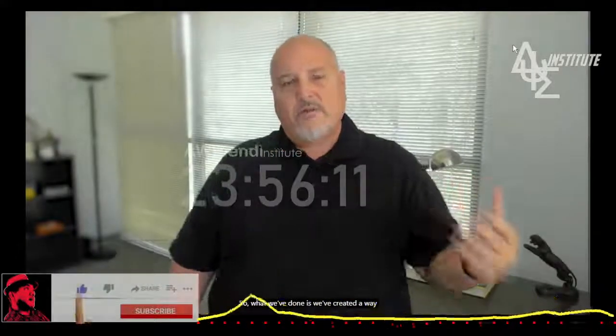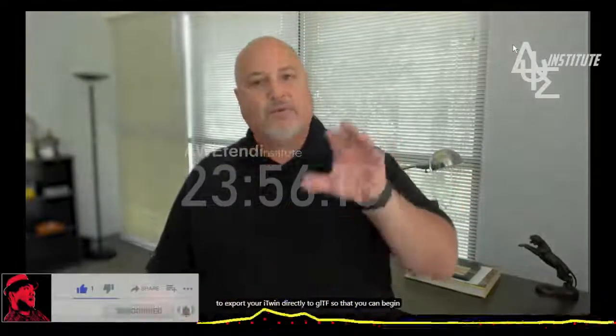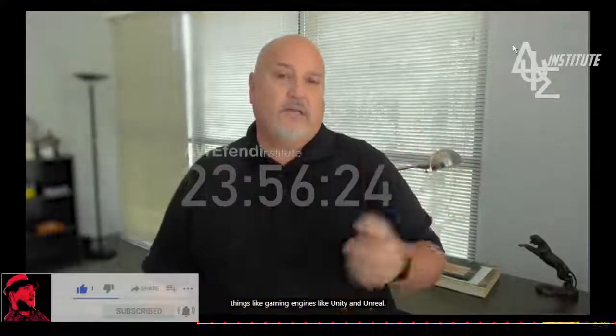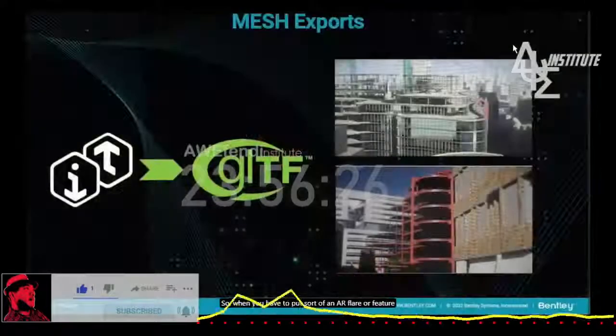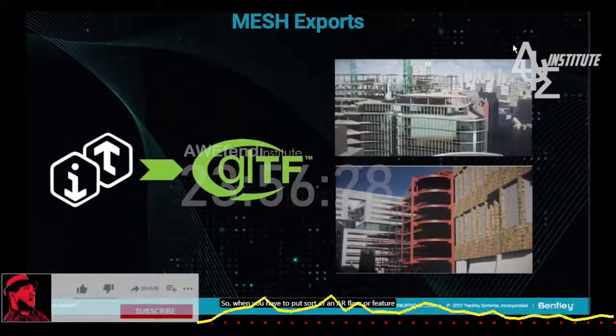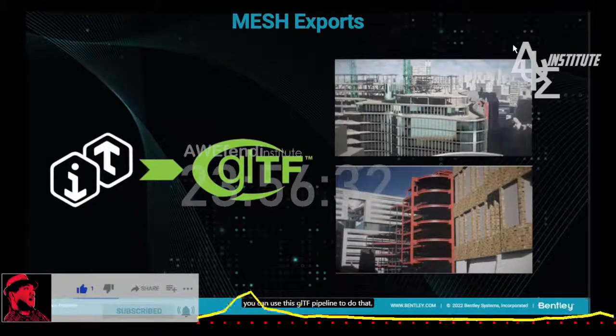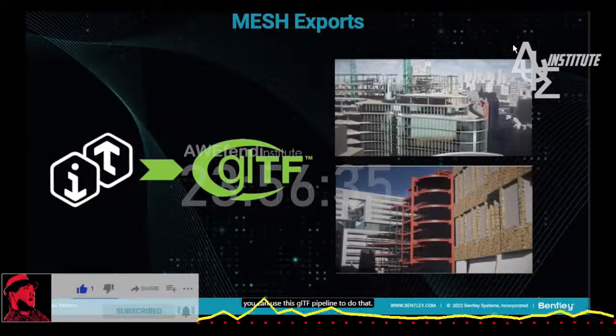So what we've done is we've created a way to export your iTwin directly to GLTF so that you can begin to consume those iTwins in different engines, specifically things like gaming engines, like Unity and Unreal. So when you have to put sort of an AR flare or feature into your iTwin solution, you can use this GLTF pipeline to do that.